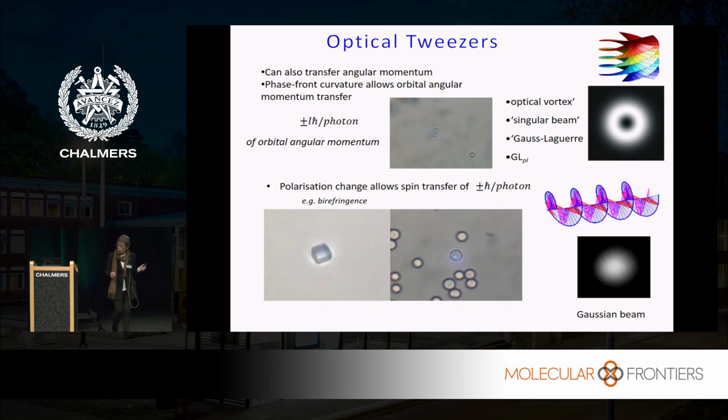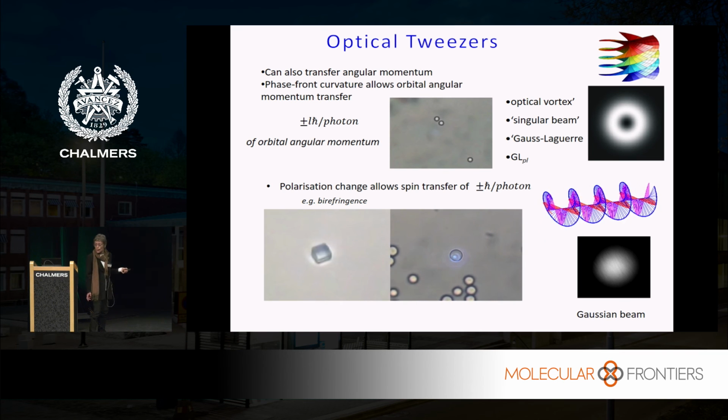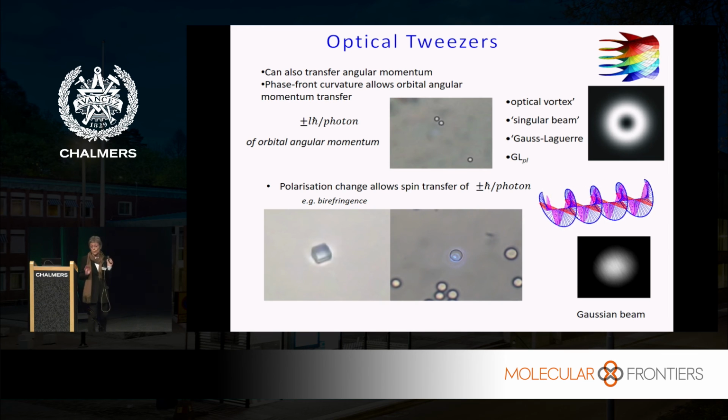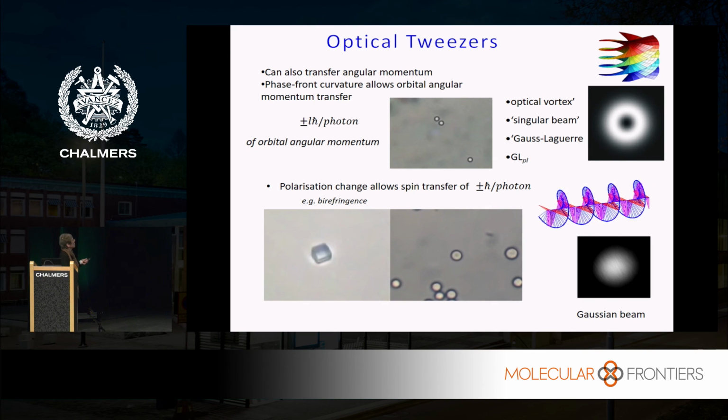I think it was Jennifer who was talking about circularly polarized light, which is what I'm using here, but I can also use more sophisticated beams which carry orbital angular momentum, so these are Laguerre-Gaussian beams of light, and they look like donuts, and somebody was talking about those donuts as well. So I can put particles into those different lights and make them rotate.